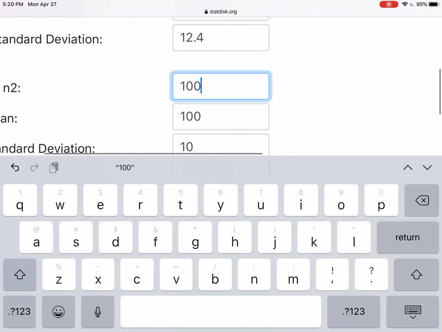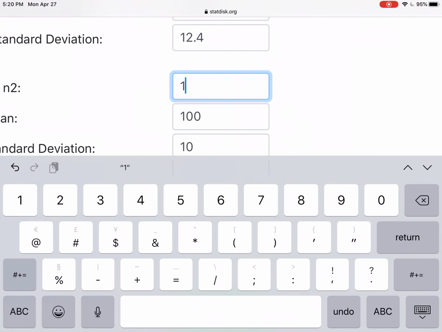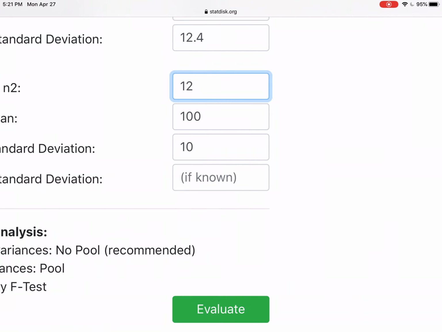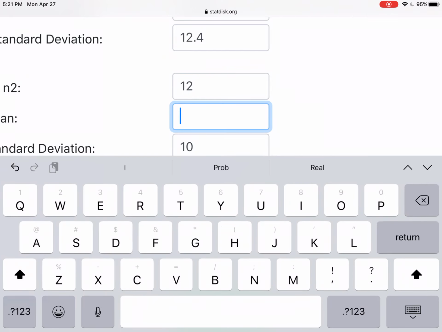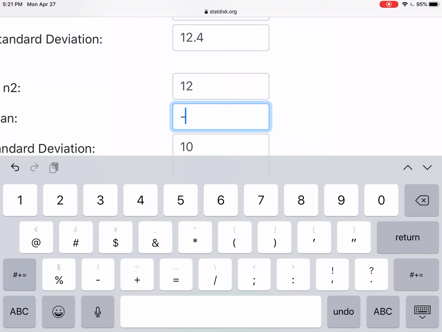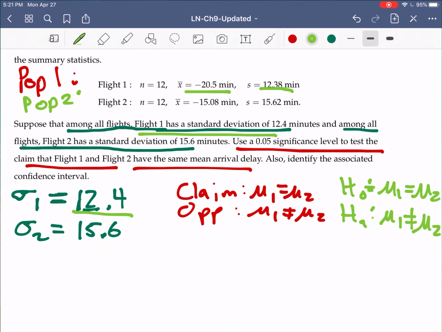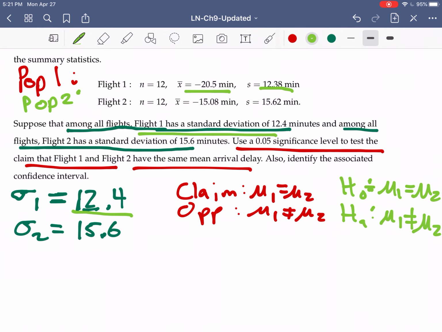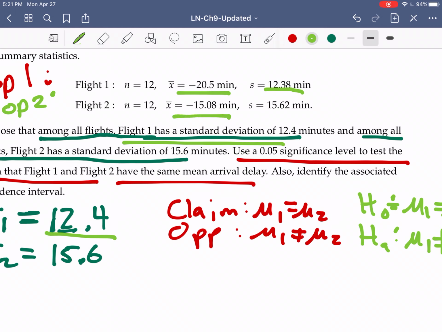For sample 2, our sample size again was 12. Our second value again was a negative value that I don't recall off the top of my head. That value was negative 15.08 and 15.62.